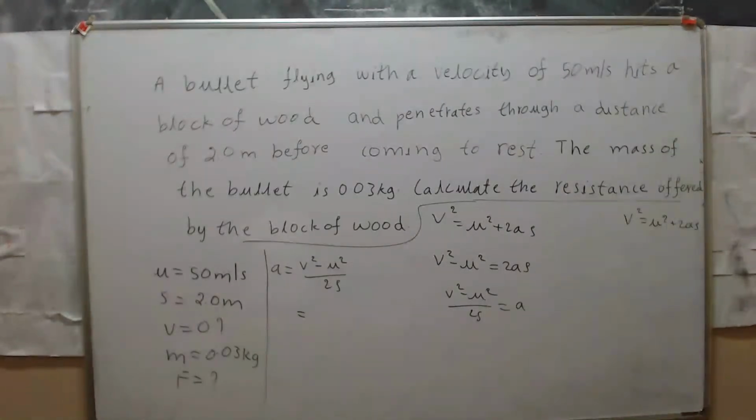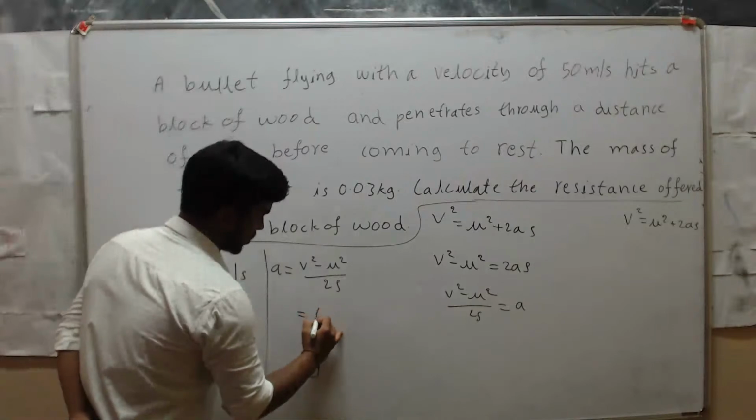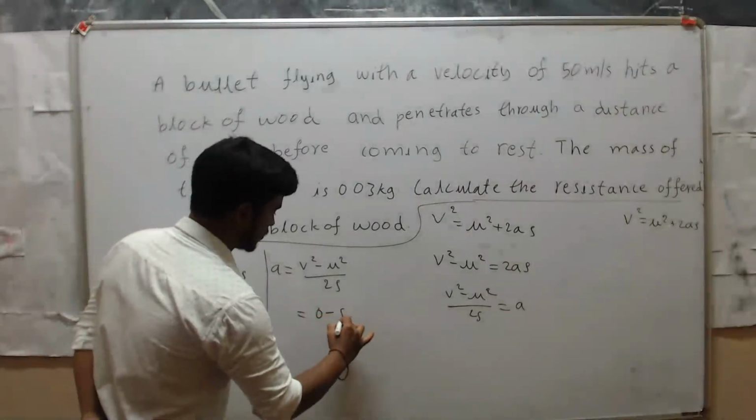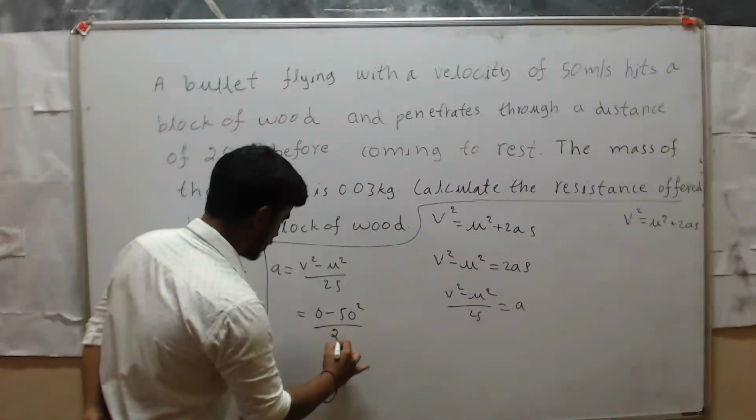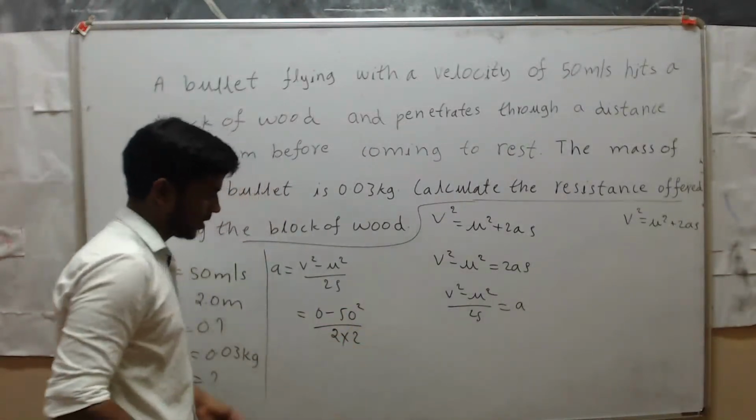Yes, acceleration is 2.5 meter per second square. Okay. Yes, wait. What about others? So v is 0 and u is 50, so 0 minus 50 square divided by 2 into 2.